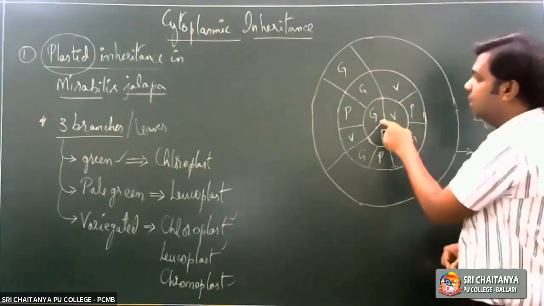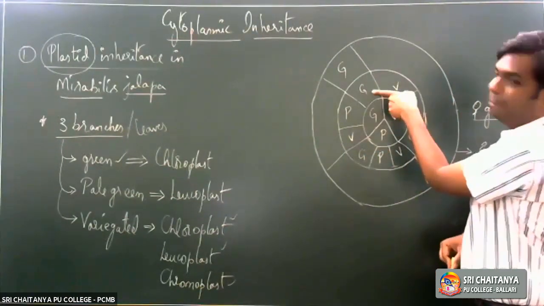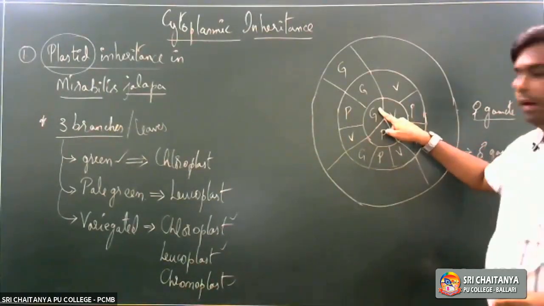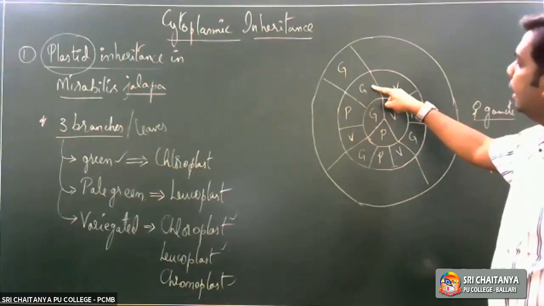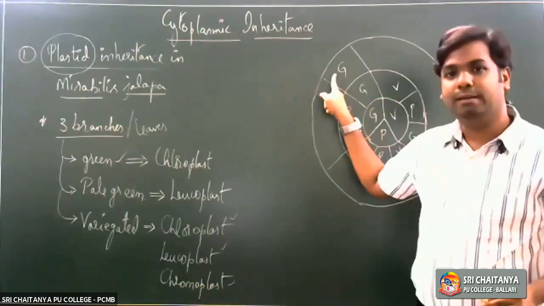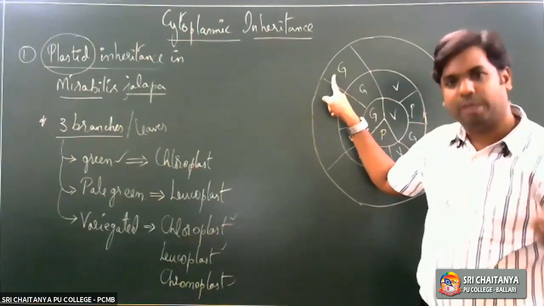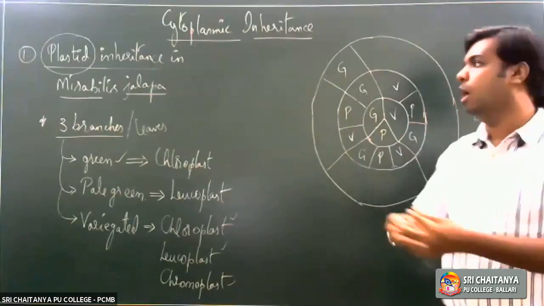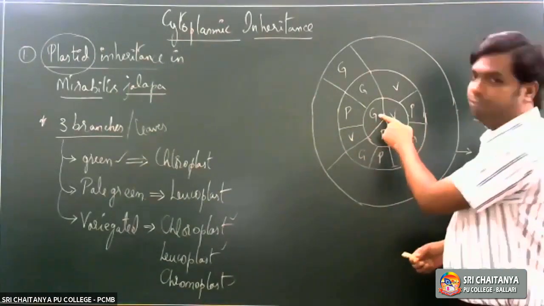So in the first case, a green colored male gamete fuses with a green colored female gamete, and the offspring obtained would definitely be green. The offspring will inherit the plastid called chloroplast, which was present in the female gamete.